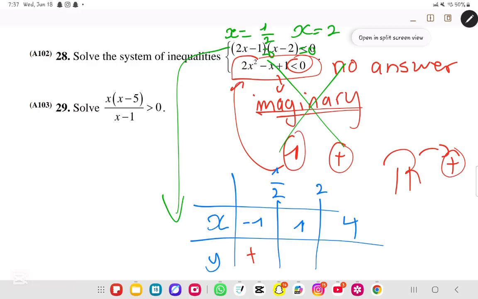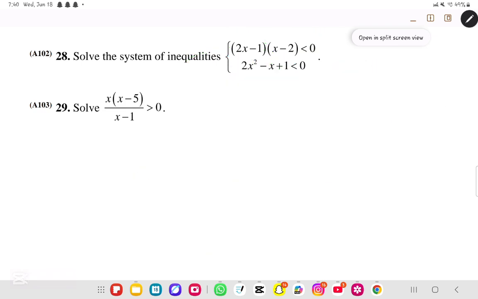Now if you put 1 instead of -1, you will get a negative answer. And if you put 4 instead of 1, you will get a positive answer. So for sure, the solution set they want, the numbers that will give you an answer less than 0, is any x that is greater than 1 over 2 but less than 2. Okay, so this is the answer for question number 28.